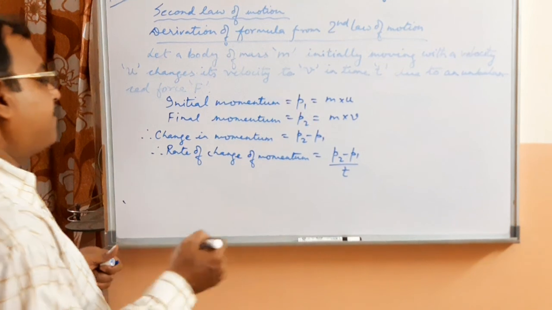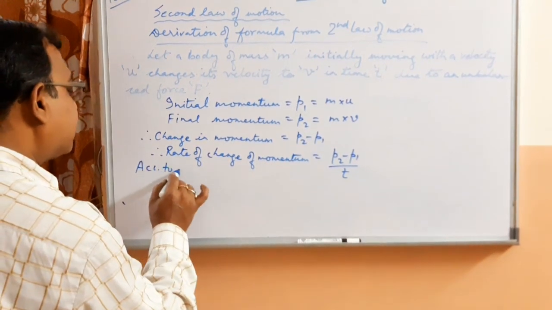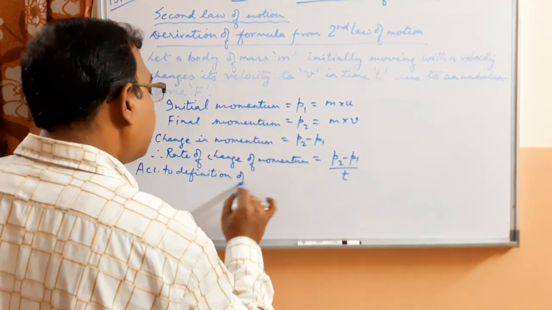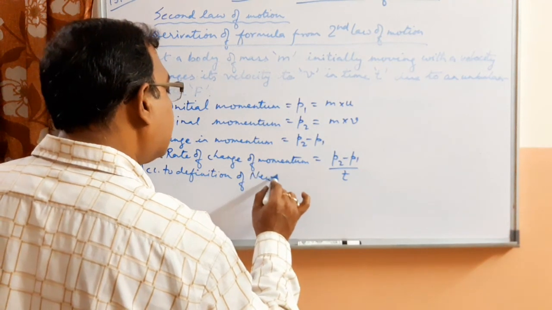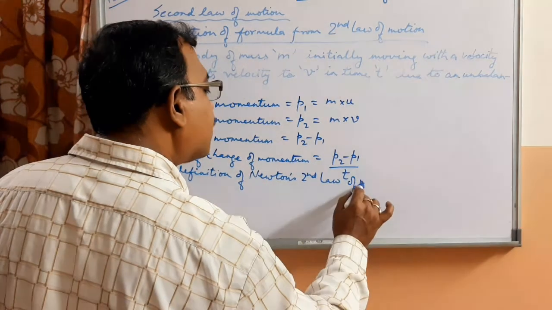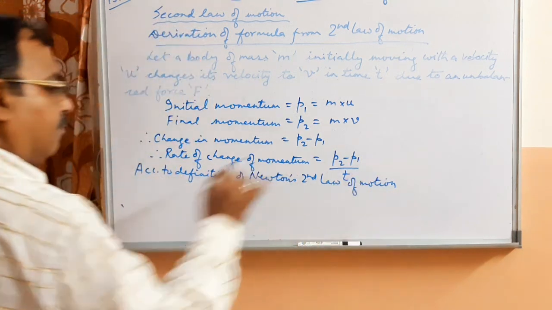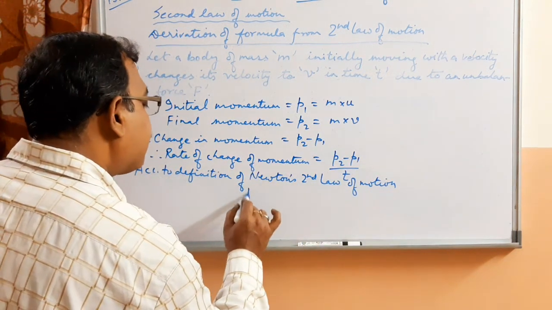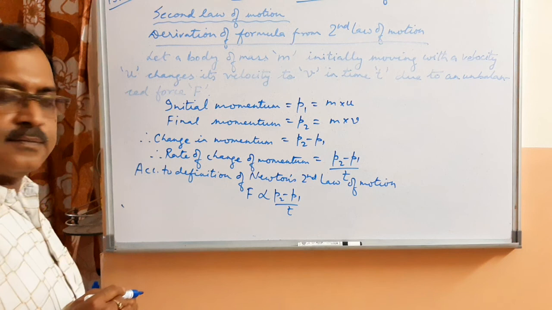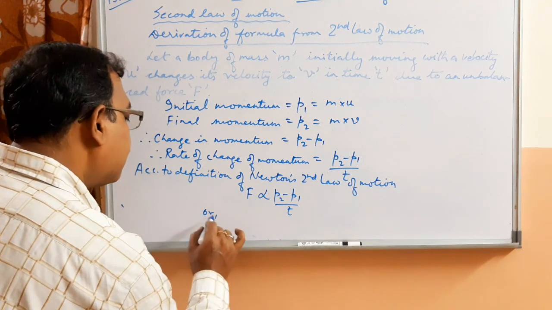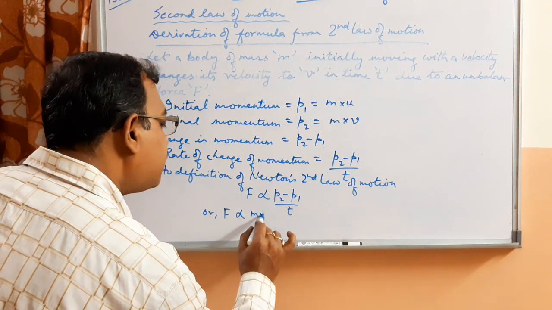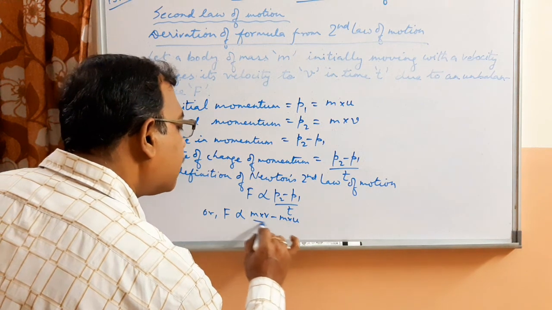So here I can say that according to the definition of Newton's second law of motion, F is proportional to (P2 minus P1) by t, or F is proportional to, in place of P2 I can write m into v minus m into u, by t.